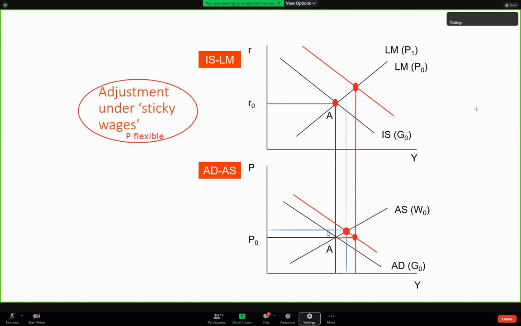When the price level goes up, you cannot keep the price level like this here, E0. It's a reduction in the real stock of money supply, so that there should be a new LM line which is shifted in the left direction.